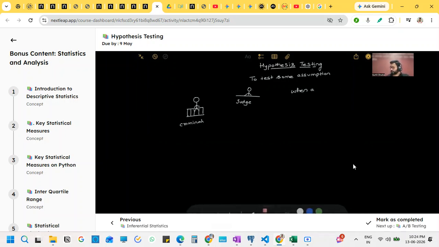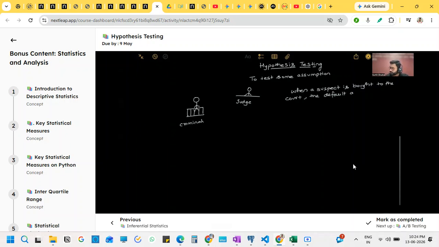So I'll say when a suspect is brought to the court, the default assumption is that the person is not guilty, right? Because this is the default assumption. And I hope you guys know that the person is innocent until proven guilty, right? So this is the default assumption.